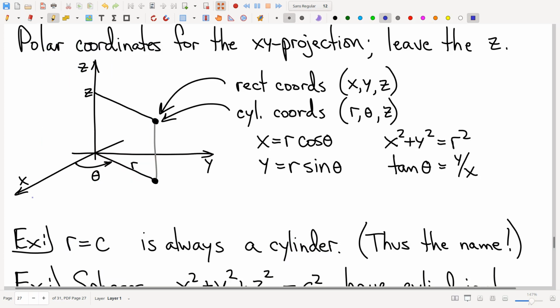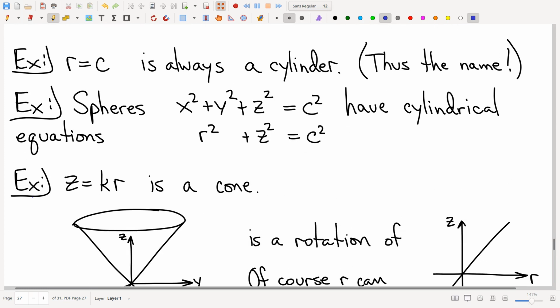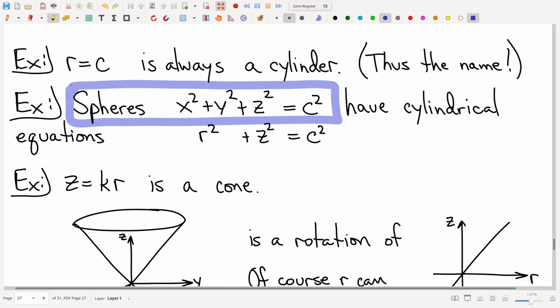All right. Let's see here. So what about a sphere? There's a sphere centered at the origin. How would I write the equation of the sphere in cylindrical coordinates? Well, in cylindrical coordinates, I've kind of got to get rid of x's and y's. I can keep the z. Z is a cylindrical coordinate. That's cool. I don't even have to do anything with that. But I do need to get rid of the x and y.